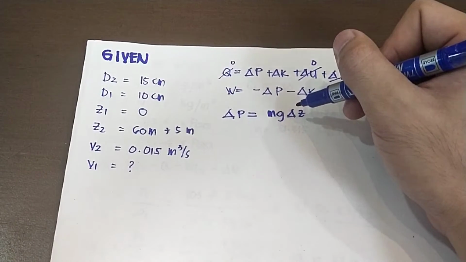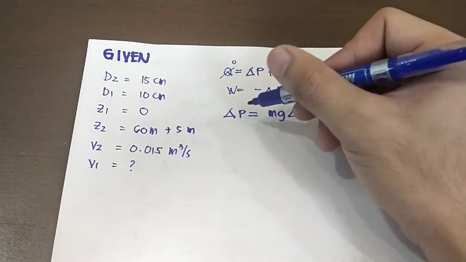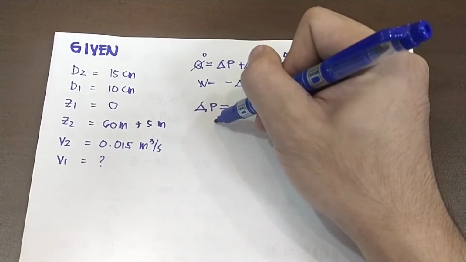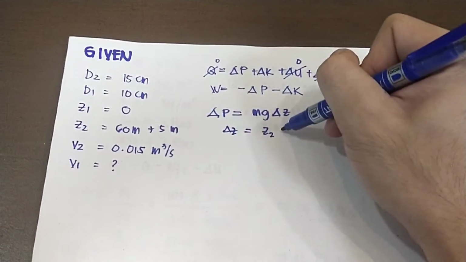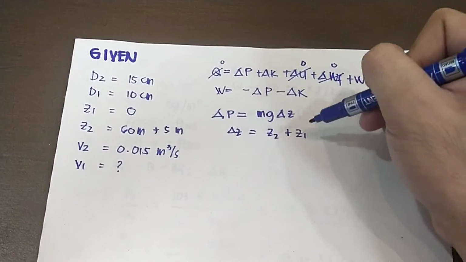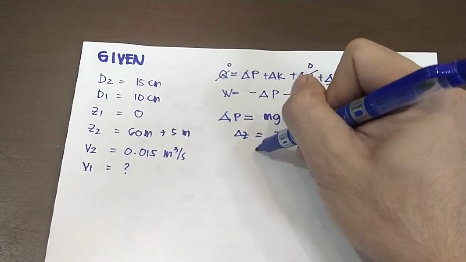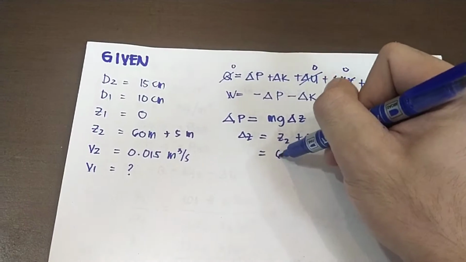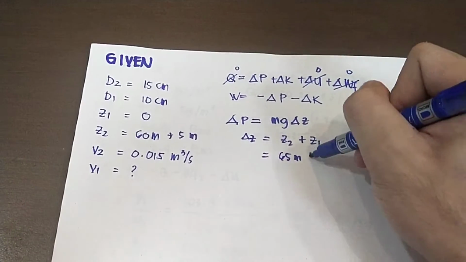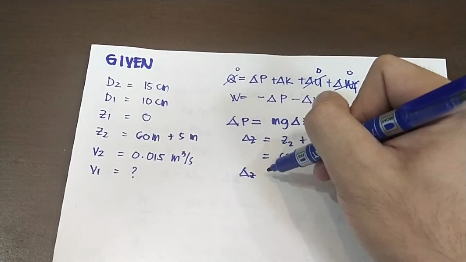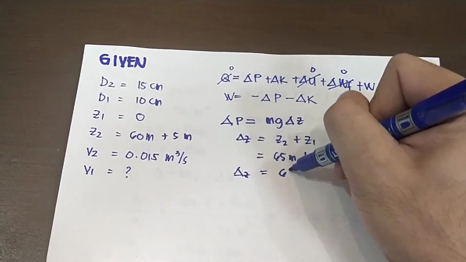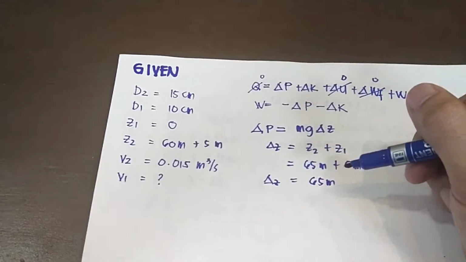And as we all know, the change of z is equal to z2 minus z1, which is 65 meters minus 0 meters, so the change of the height is 65 meters.